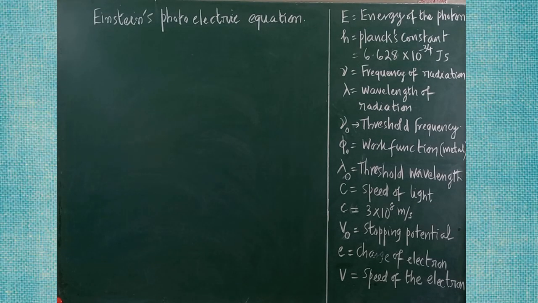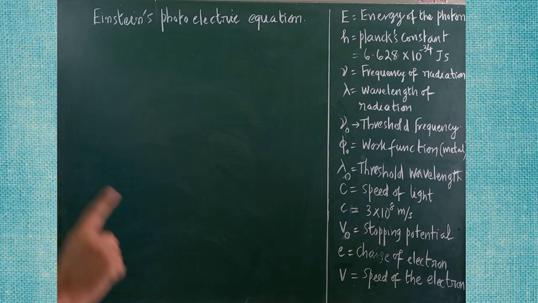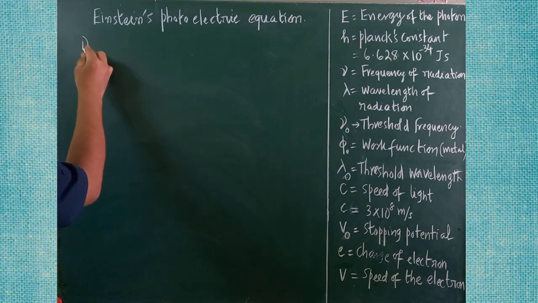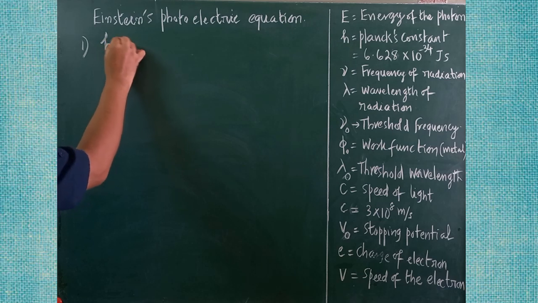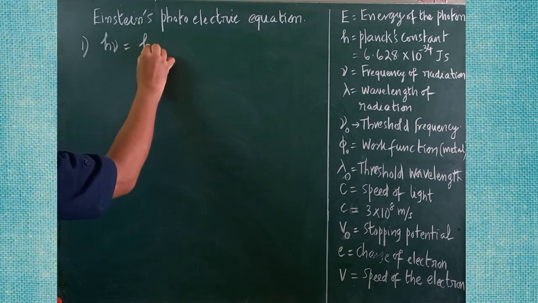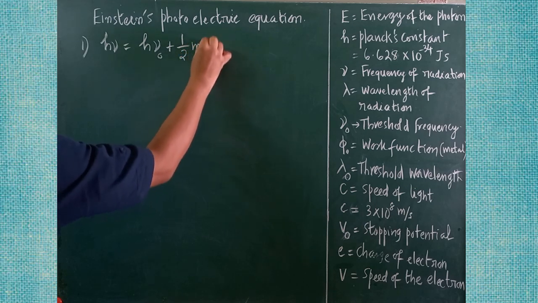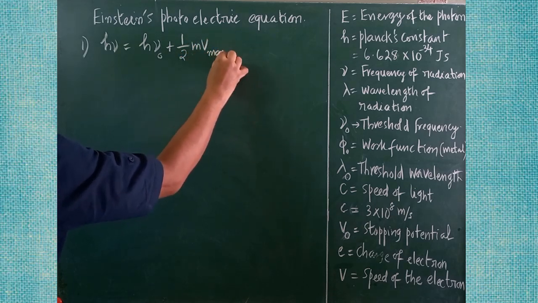Now we are going to derive various formulae related to Einstein's photoelectric equation. From the single formula, we are able to derive several kinds of formulas which are required to solve various problems in photoelectric effect. The first and foremost important formula is h nu is equal to h nu naught plus half m v max square.